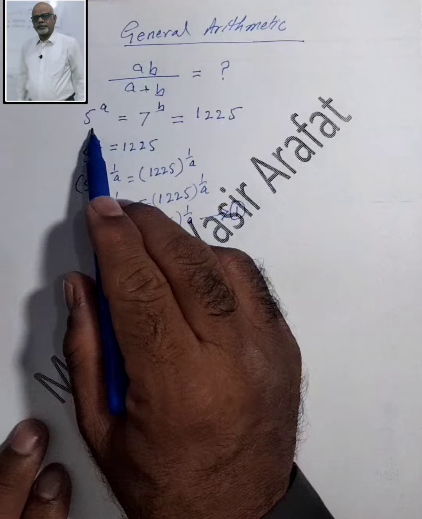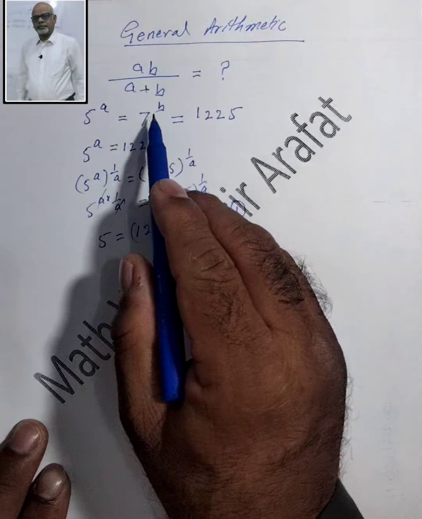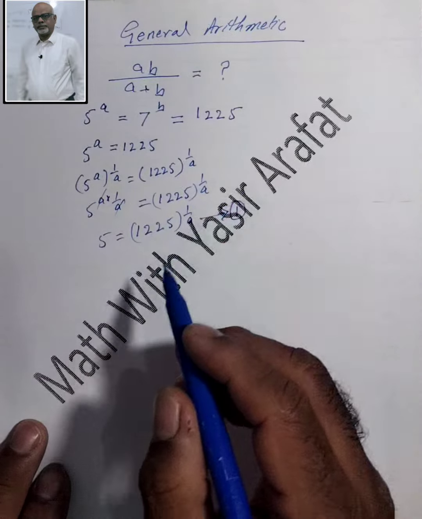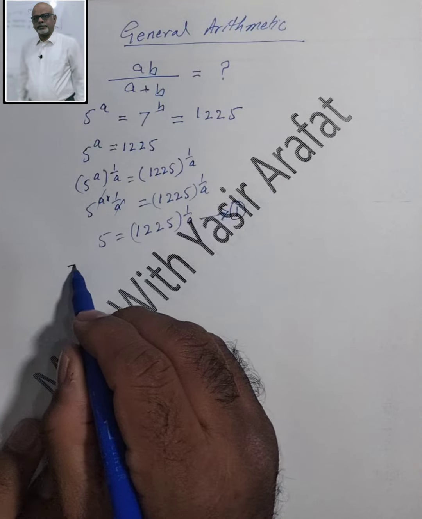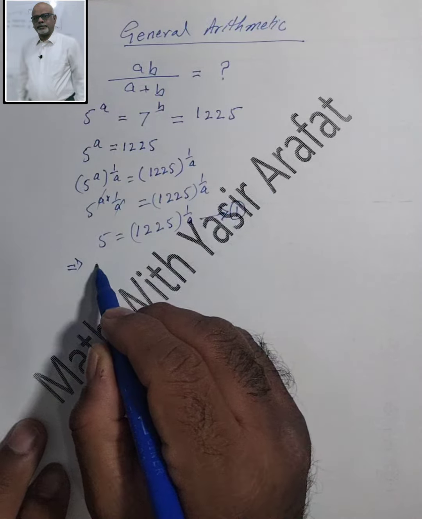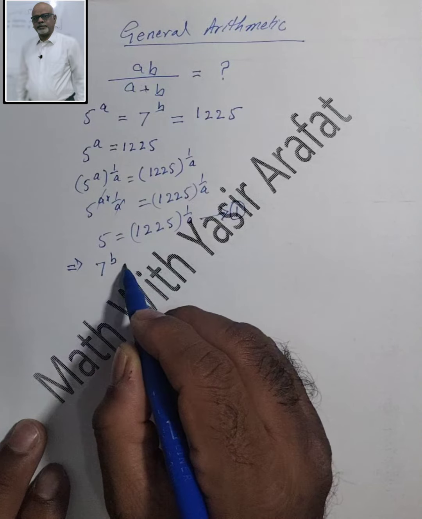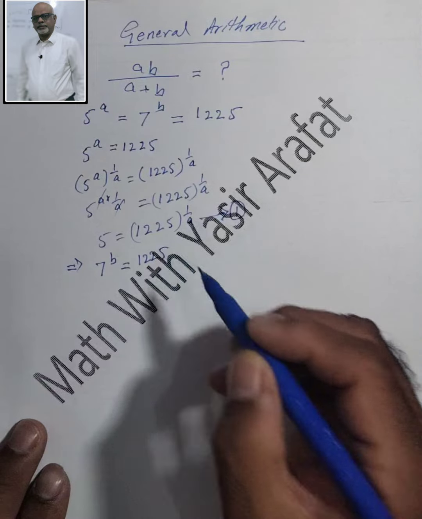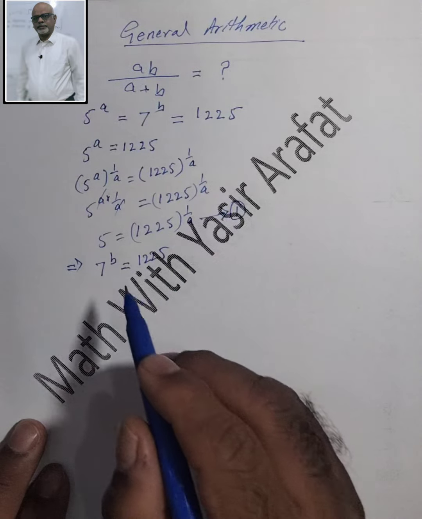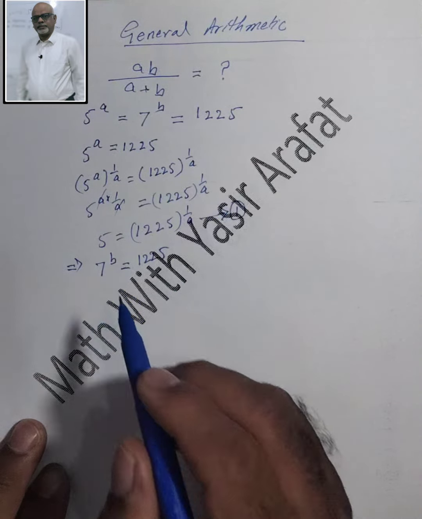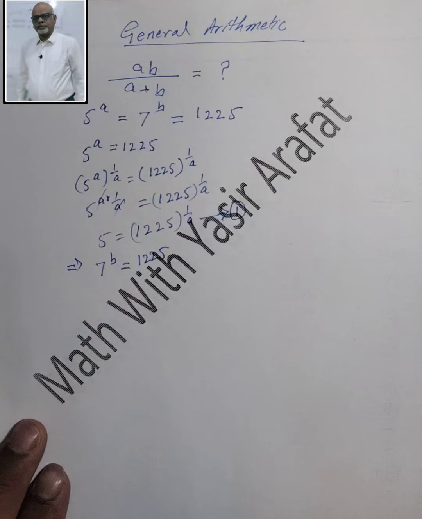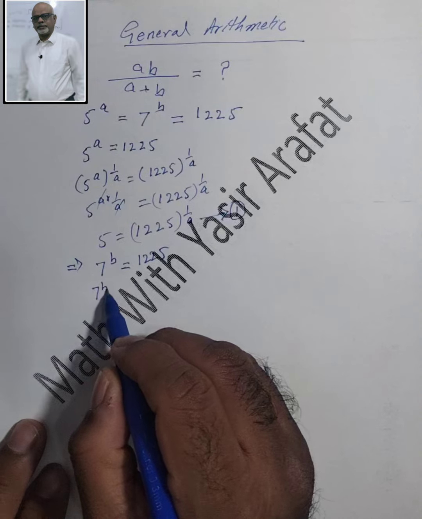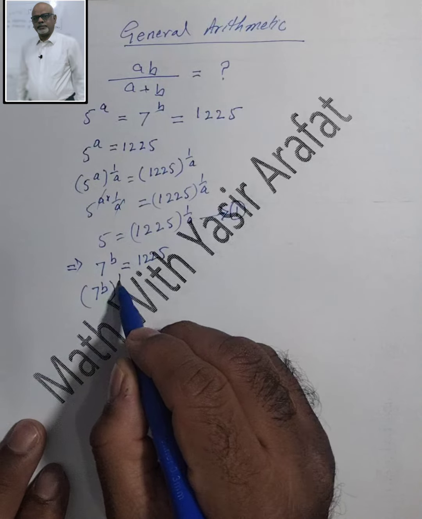Now 5 to the power a equals this, and 7 to the power b is also equal to the same number, 1225. Now consider 7 to the power b equals 1225. Again we have to find the value of 7, so we take the power 1 over b on both sides.